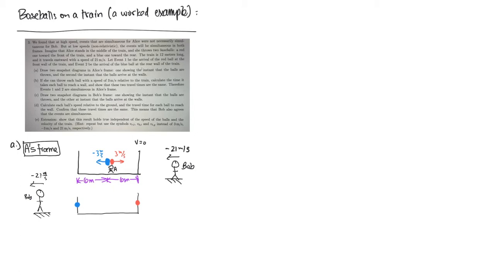So in Alice's frame, it's very straightforward to see that it's going to take 2 seconds for the balls to reach the wall, right? Because we know the distance traveled is given by the speed times the time elapsed. Okay, so let's call that distance equals the speed times time.